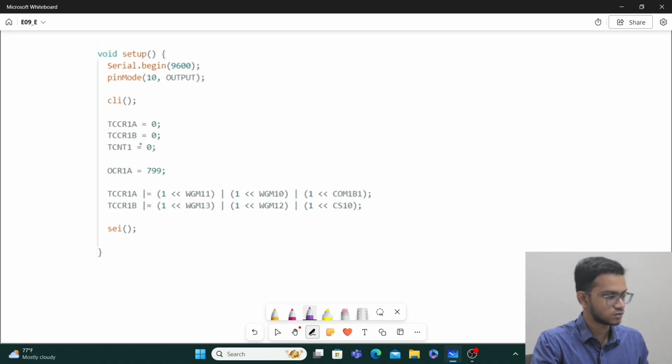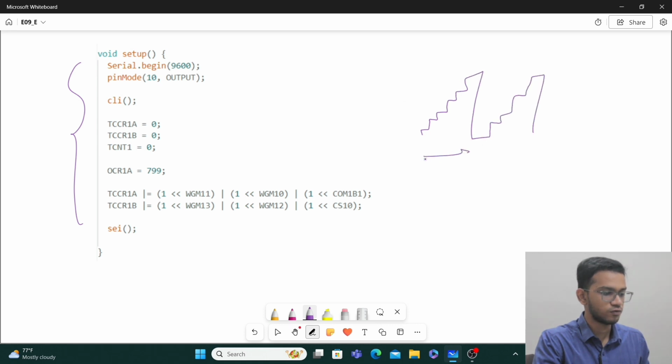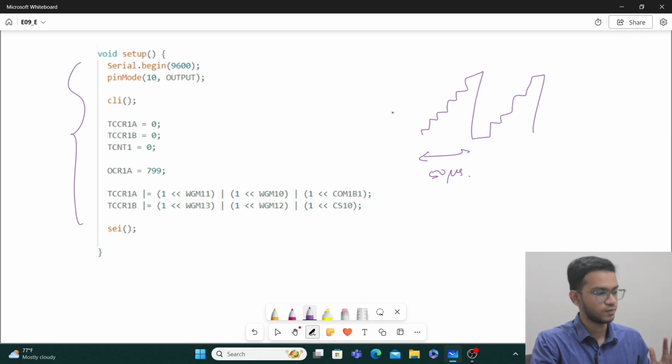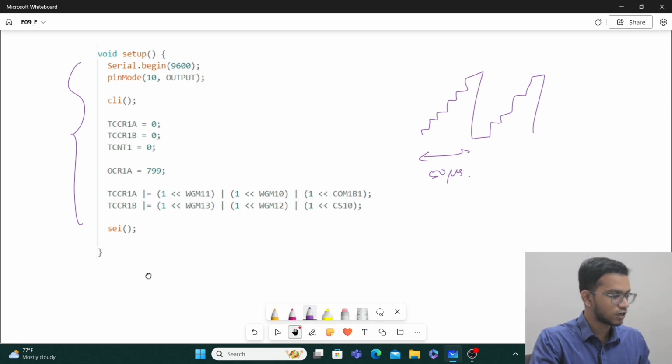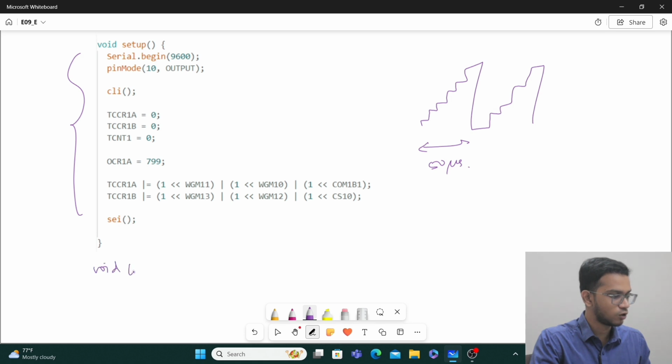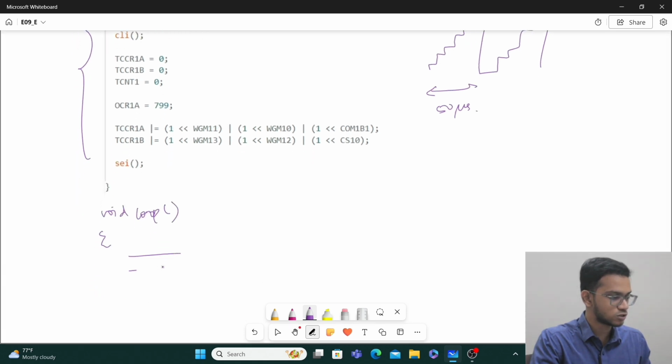So this segment will produce only sawtooth. It will keep producing a sawtooth of 20 kilohertz or 50 microsecond width forever. And I will have another section called void loop below this, under which I will compute my duty ratio and store that value in OCR1B and close this.